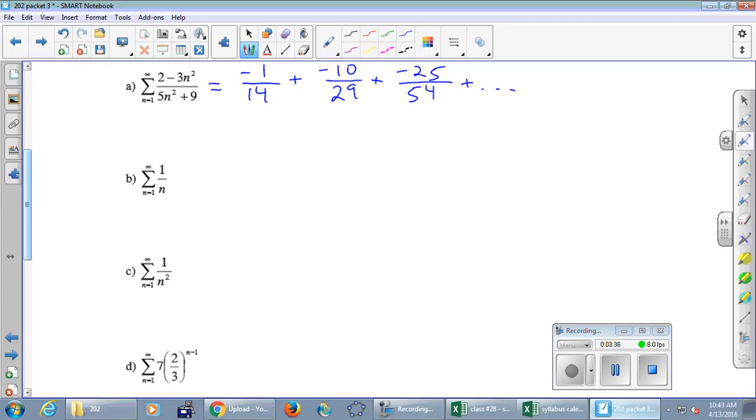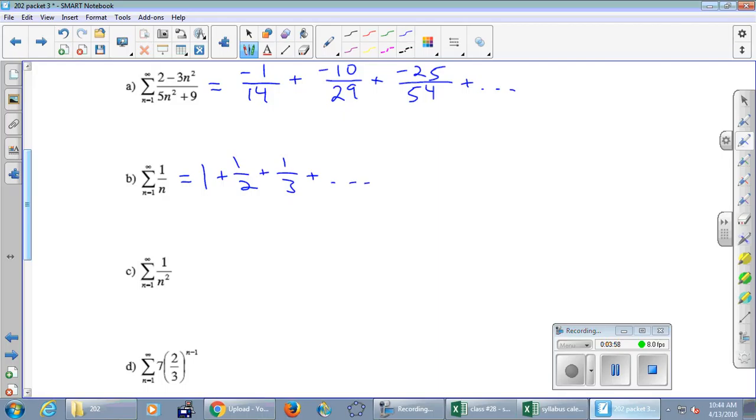Let's just list the first 3 terms of some of these other ones, which hopefully will be easier than that one up there. This guy right here, 1 over n, we talked about a little bit last class. 1 plus, now n is 2, is a half, plus a third. n just goes up by 1 every time.